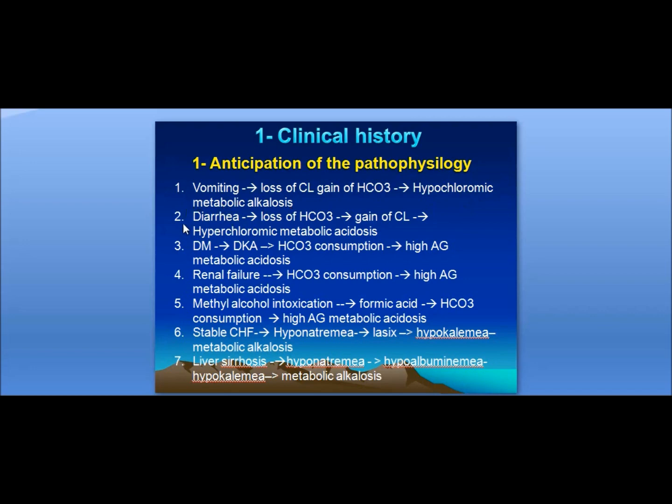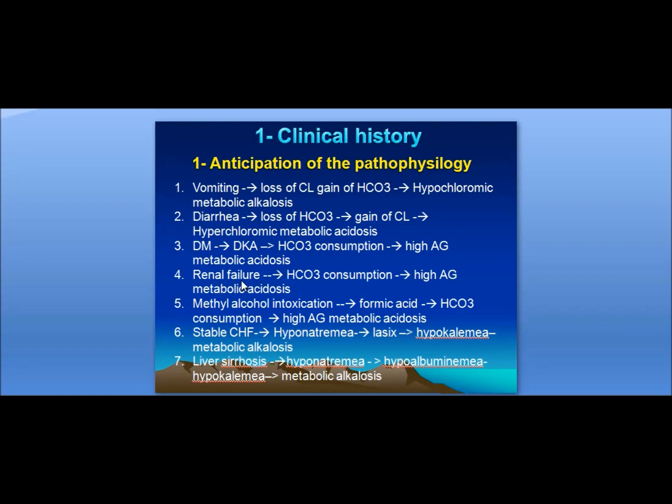If the patient develops diarrhea, he will lose bicarbonate, gain chloride, to develop hyperchloremic metabolic acidosis. If the patient develops diabetic ketoacidosis, bicarbonate will be consumed, so he will develop high anion gap metabolic acidosis.